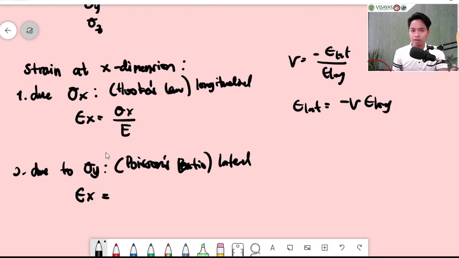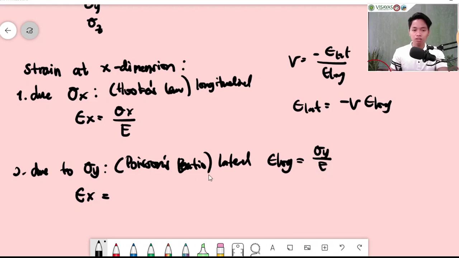In this case, due to the stress at Y, ang atong longitudinal strain would be equal to your sigma Y over your E. Diba?